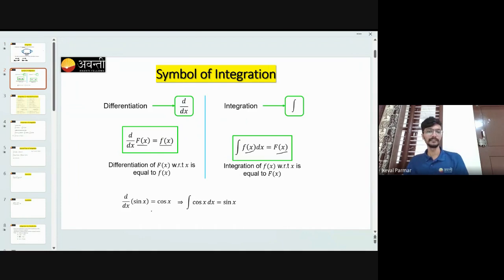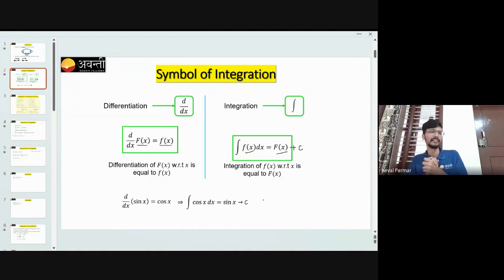As I gave you an example, the derivative of sin x is cos x, so the integration of cos x will be equal to sin x. Now, we have a constant of integration, which we call c, so we always have to write plus c. I hope it is clear.